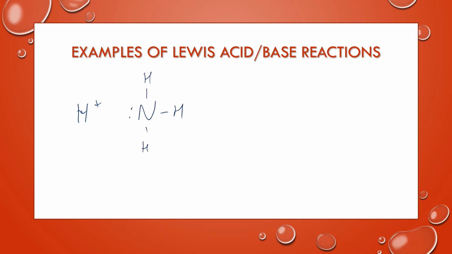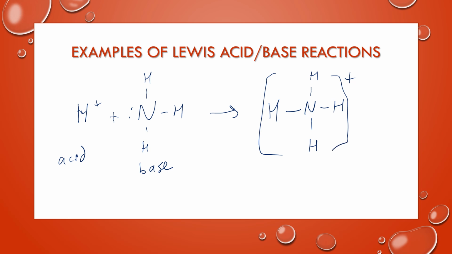So when these two react, the hydrogen ion is acting as the acid. The ammonia is our base. And when a new bond is forming, you're going to form ammonium, the ammonium ion, which has a positive charge.